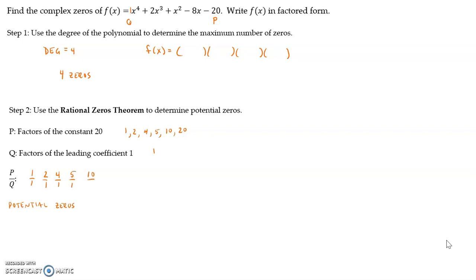So we can actually go ahead and consolidate this list. Right, our potential zeros list in the form p over q. We're going to have both the positive and negative versions of 1, 2, 4, 5, 10, and 20.